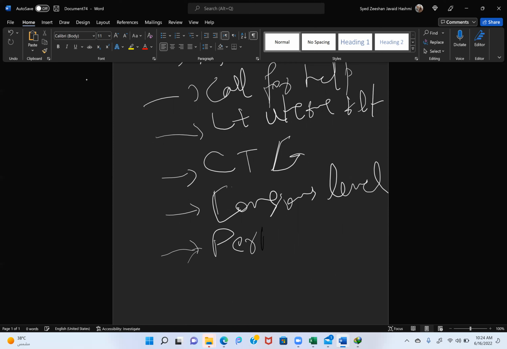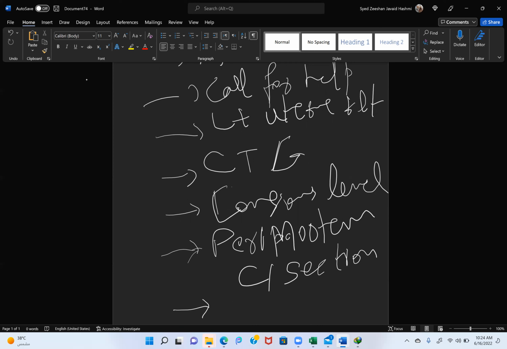Along with that, if she needs intubation, as you told me there is a history of fall, I will do manual in-line stabilization of the cervical spine. And along with that, I will call the obstetrician team to assess the patient and baby status, and to do an ultrasound for any internal bleed, and if there is any per vaginal bleed, it must be their side to assess these things.